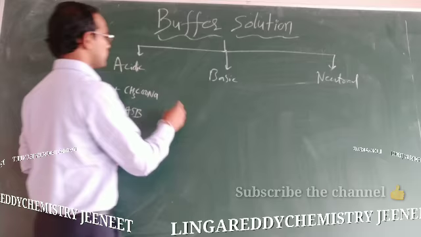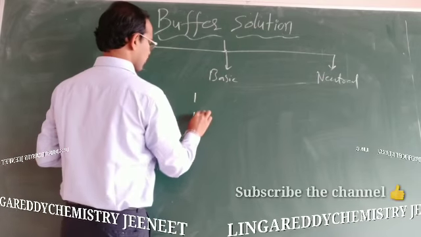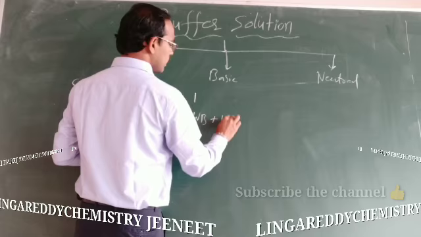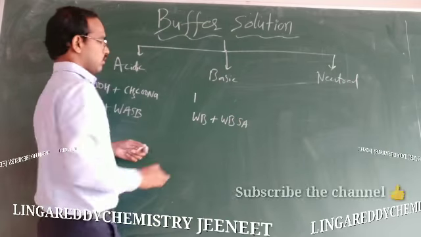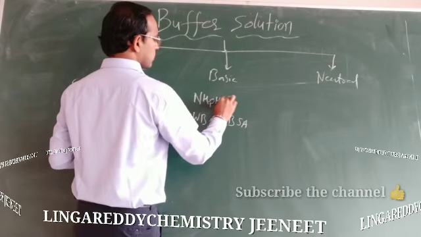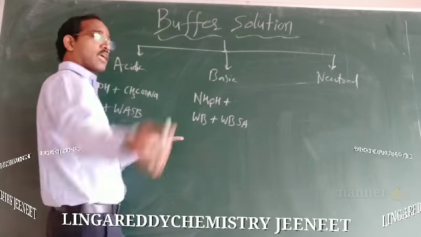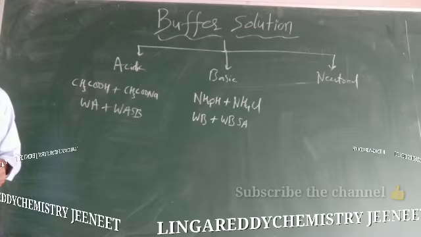Now, generally, a weak base plus a weak base strong acid salt. Ammonium hydroxide is the weak base, with a strong acid like HCl. The salt formed is ammonium chloride.